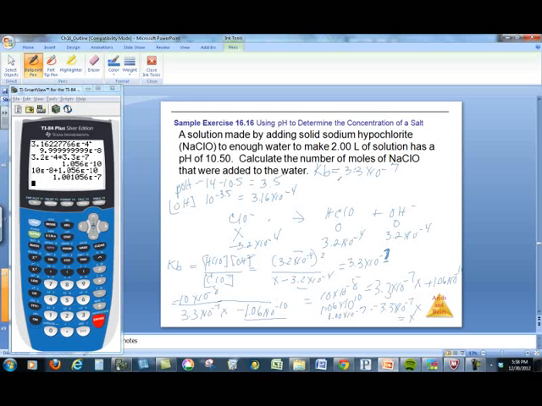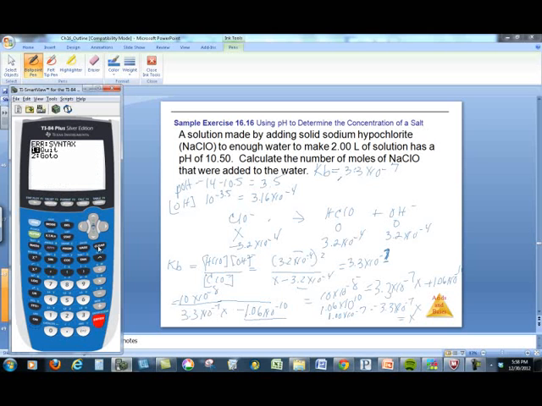So x becomes this divided by this. So I'm going to take this number, 1 EE negative 7, and divide it by 3.3 EE negative 7.